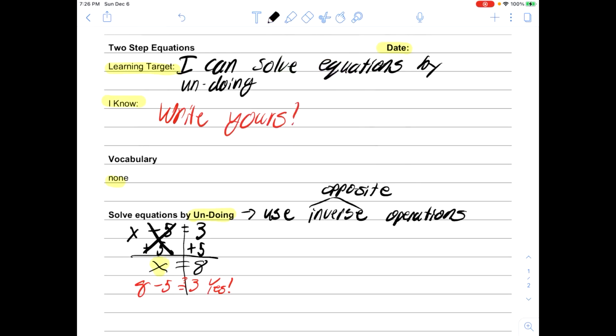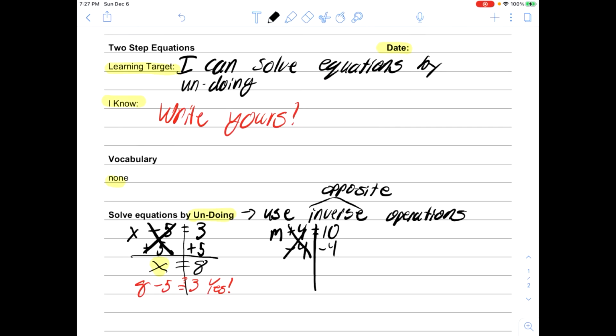If we had m plus 4 equals 10. Well, in this case, if I put my line to the equal sign, the opposite of addition is subtract. So instead of adding 4 here, to get rid of adding 4, I would subtract 4, which means I will subtract 4 over here as well.